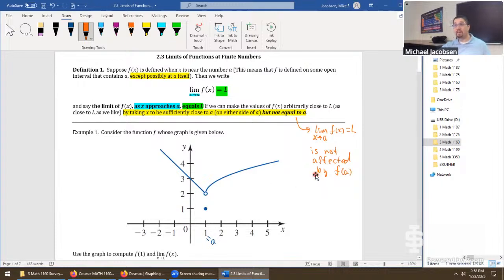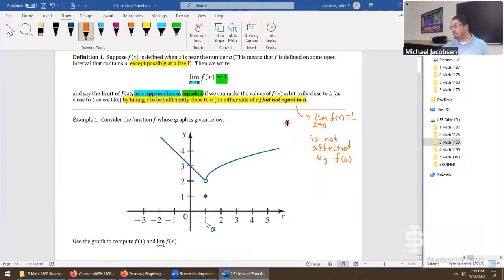And this is the weirdest thing about these kinds of limits. It's the reason we did this set of limits a little bit last. I think they're quite a lot trickier. So whatever happens at a is totally irrelevant. The function could be undefined entirely, but we can still take that limit.